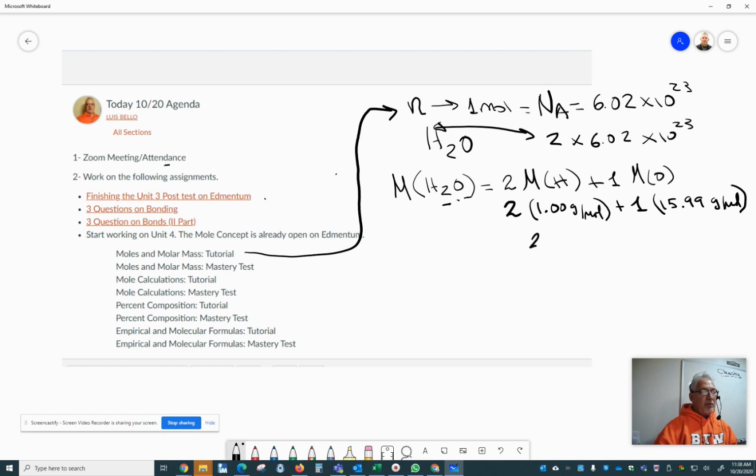So this one will be 2.00 plus 1 times 15.99, and you just need to do the addition, and that will be 17.99 gram over mole. Sometimes we can round this one to 18, and that's also okay if you do that. So that will be the molar mass of water.